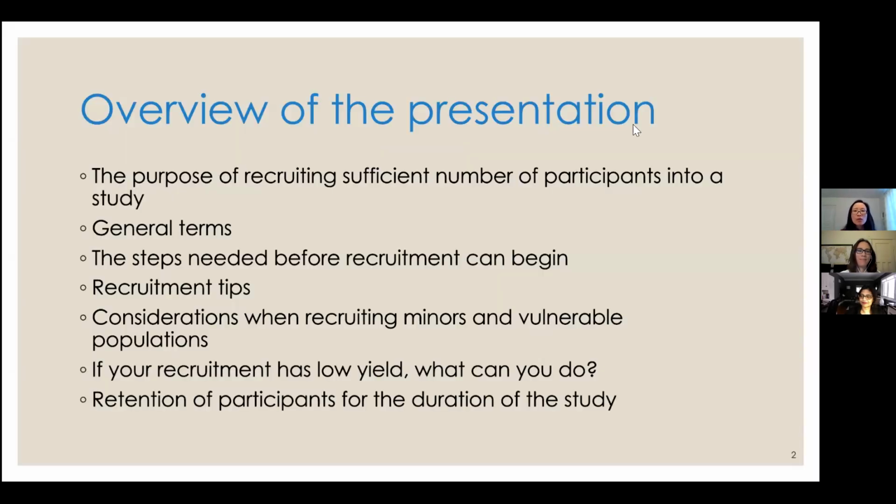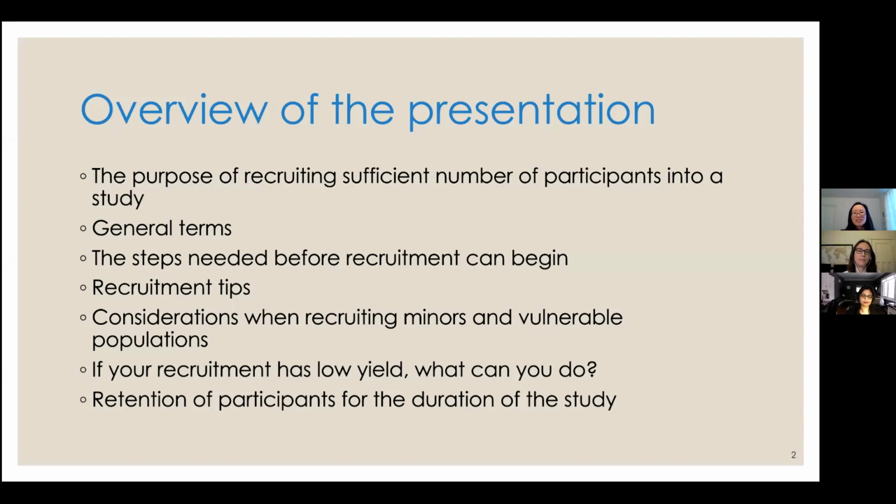So the overview of the presentation is start off with talking about the purpose of recruiting sufficient number of participants in the study. We'll talk about a few general terms, the steps that we need to do before recruitment can begin. We'll share with you our recruitment tips and experiences.